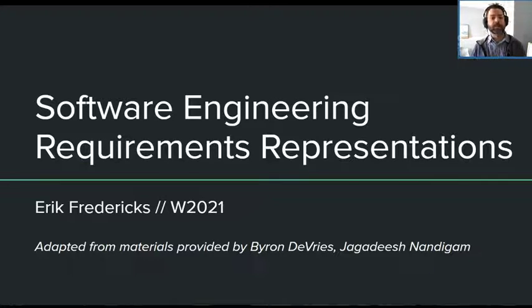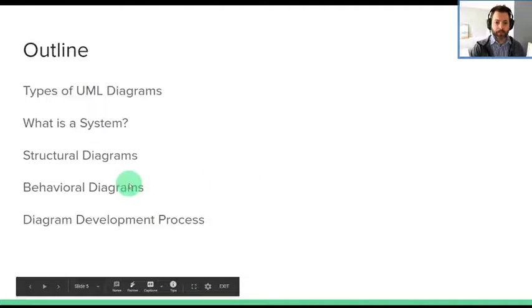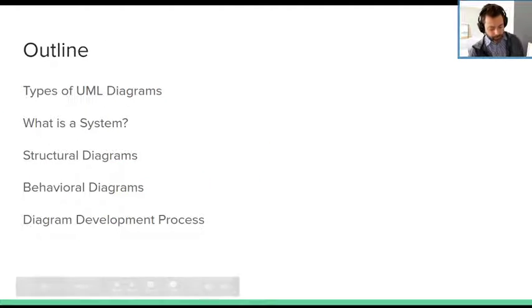And then you'll revise them as you go to be cleaner, clearer, and kind of gel a little bit nicer. But we have prose requirements at this point. We also have a lot of other representations that we can use as well. We'll come back to that. And what this is kind of wading into is something that is often very painful for students and faculty alike, because this is getting into the UML diagramming aspect of software engineering.